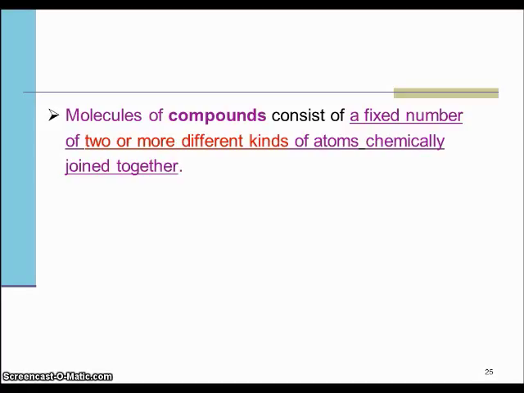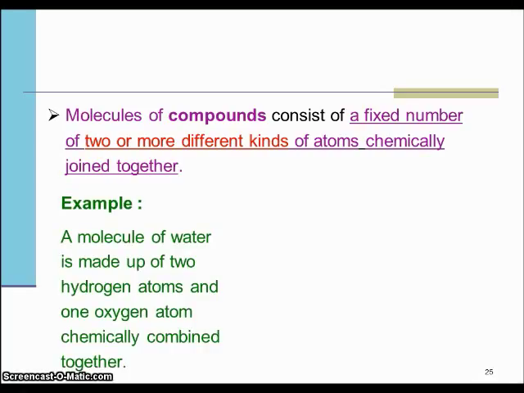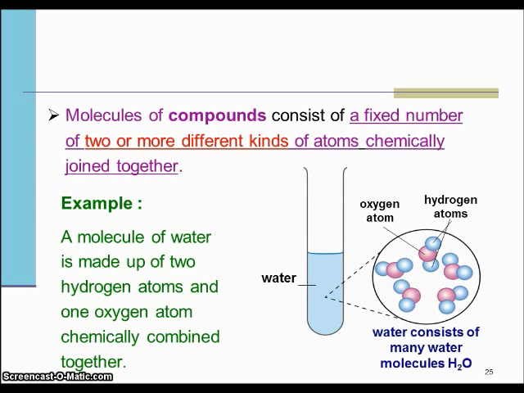The key phrase here is two or more different kinds of atoms chemically combined together. For example, a molecule of water is made up of two hydrogen atoms and one oxygen atom chemically combined together. This ratio of two hydrogen atoms to one oxygen atom is fixed for all molecules of water.